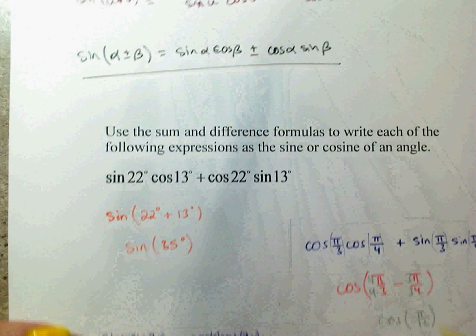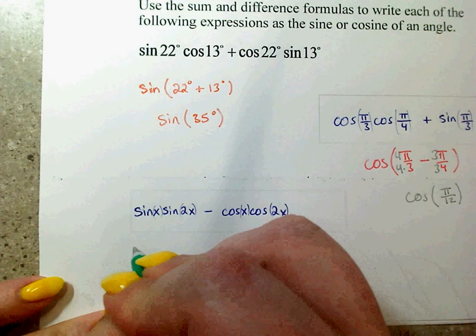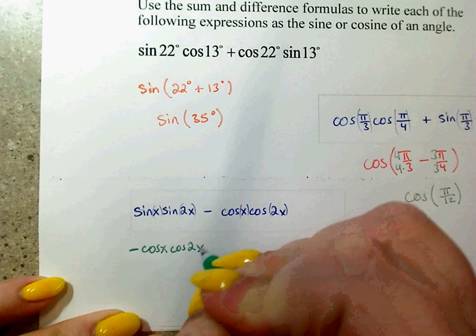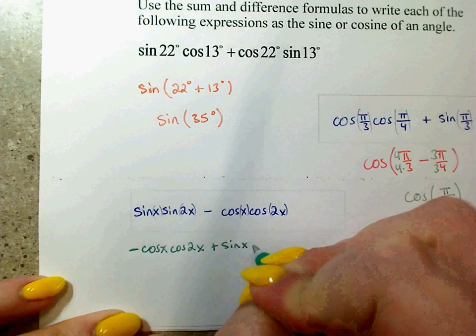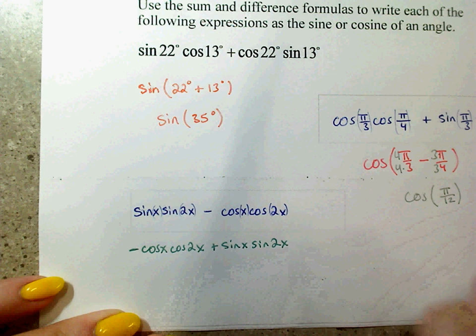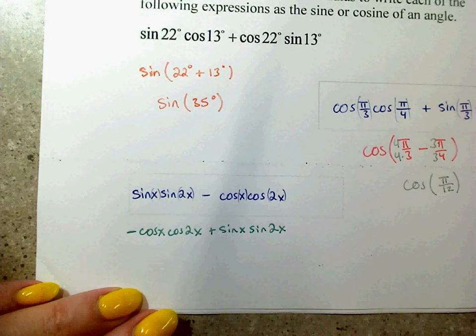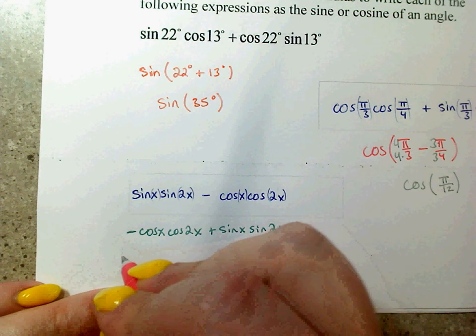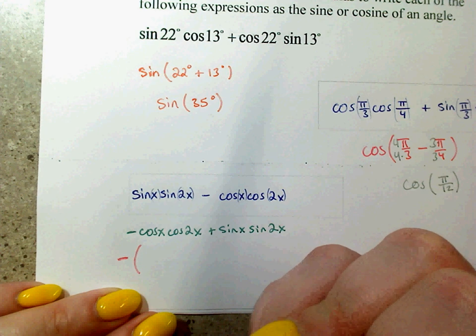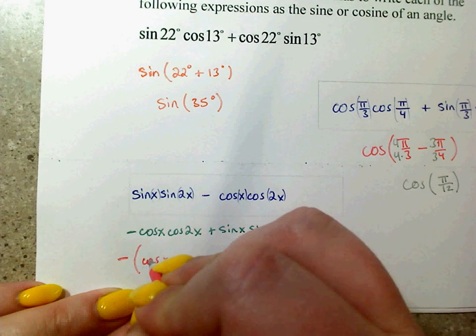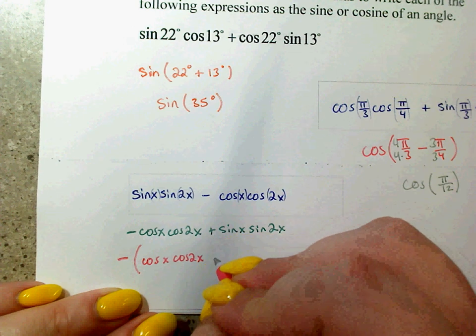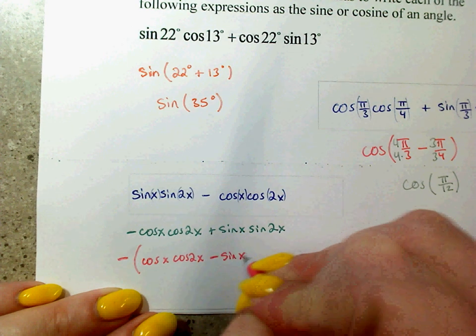So let's rewrite it as negative cosine x cosine 2x plus sine x sine 2x, and factor out the negative so we have a positive first term. So I'm going to rewrite this as cosine x cosine 2x, and then when I factor out a negative, this becomes minus sine of x sine of 2x.